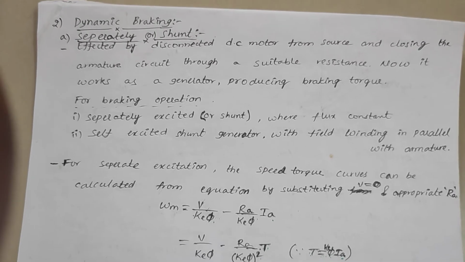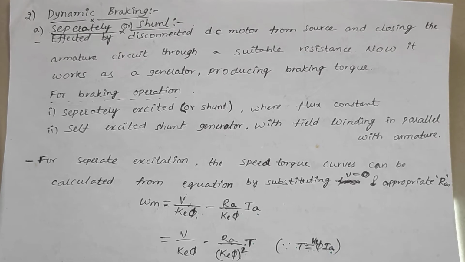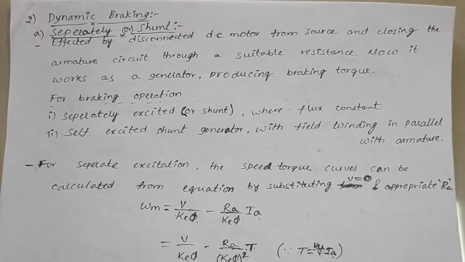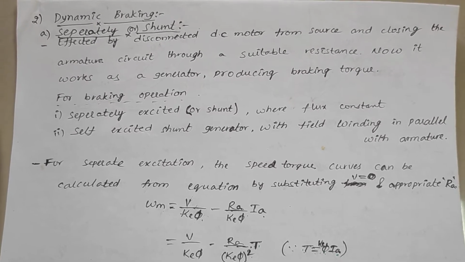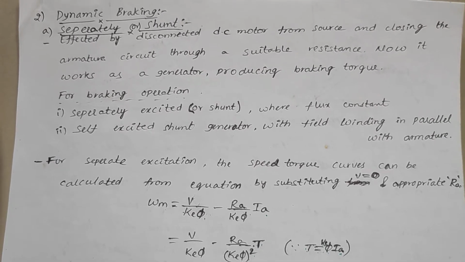What is meant by dynamic braking? If you are replacing the supply voltage of the motor with a resistance, that resistance will give the braking torque. That resistance is called the braking resistance.